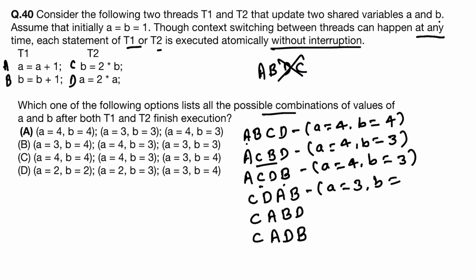And for B, what is its order? A, D removed, C then B. So for C it was 2, plus 1 is 3.